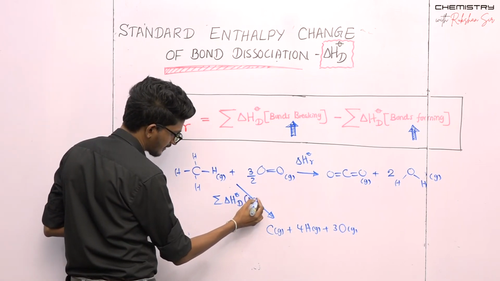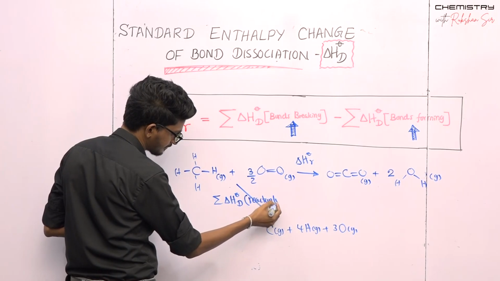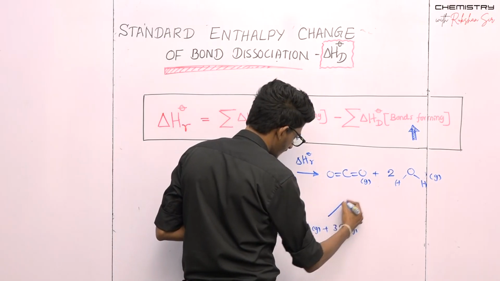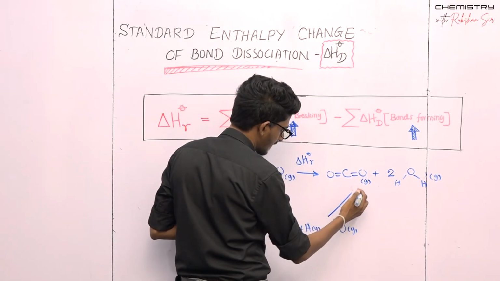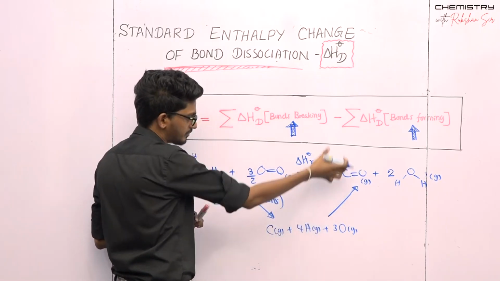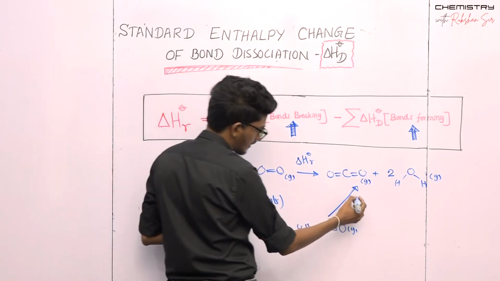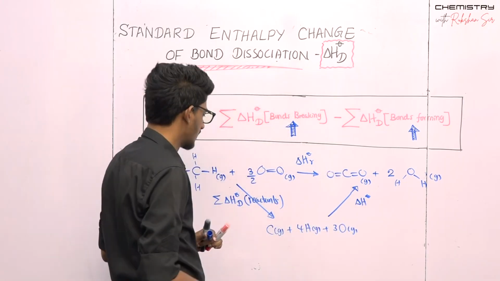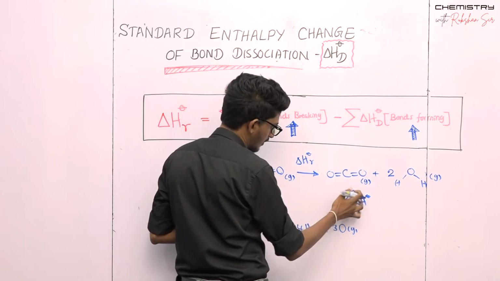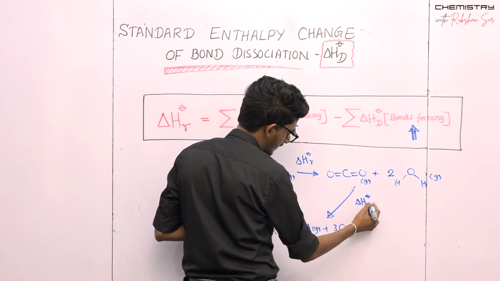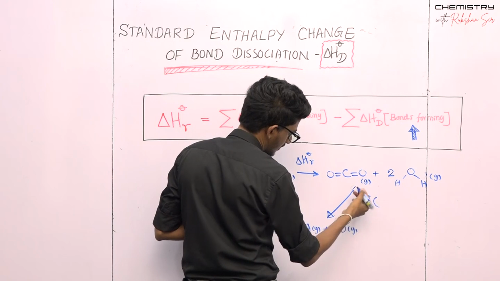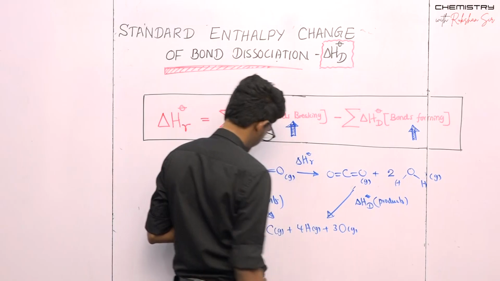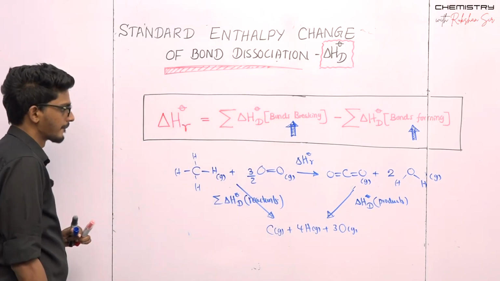Of the reactants of the reaction. And then these bonds will form. The bonds of the products will form, right? So if you think in this manner, this is about the products.